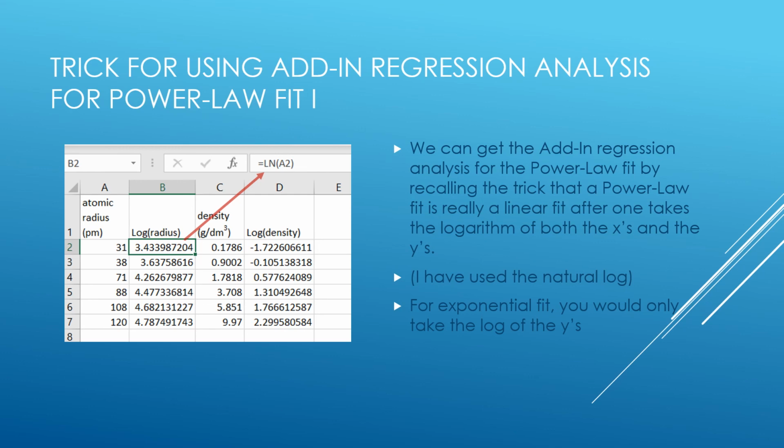We've inserted a column B and are doing the calculation of the natural log, ln, of the data from A, and we've performed a similar calculation of the natural log of the C data and put that in column D. If we wanted to do an exponential fit, we would just do one of these. We would just have to do the log of the y's.